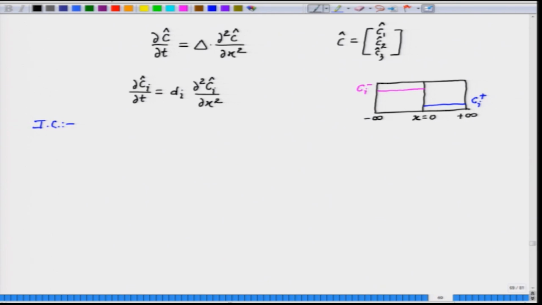So, the concentration of the alloy block remains as the original concentration at the two ends, that is at plus and minus infinity. So, the initial condition is C I at any x at time t equal to 0 is C I minus when x is less than 0, and it is C I plus when x is greater than 0. What is the boundary condition?